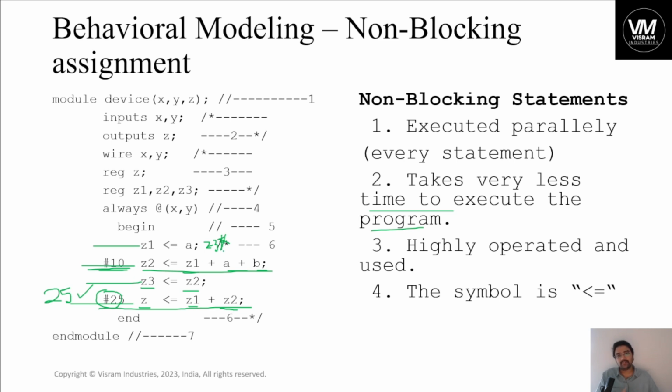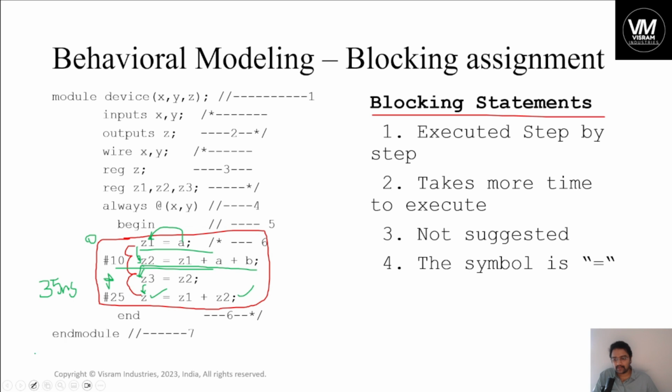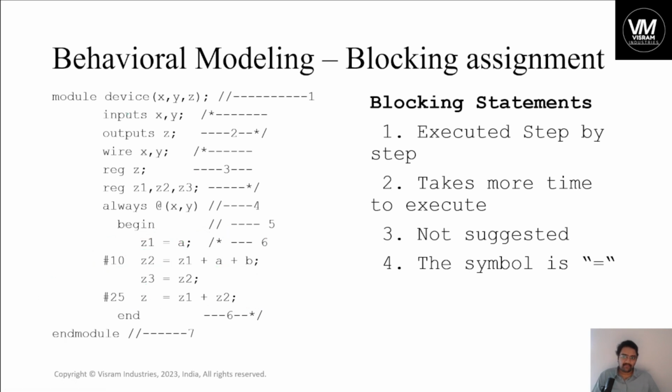If you want to execute parallelly, this is how you should write. And a simple explanation: while writing behavioral coding, the behavioral model in Verilog HDL, you consider the first step as the module name, the second step as input and output, the third step as wires and registers, the fourth step as always, and the fifth step is begin, and this end is also related to the fifth step.